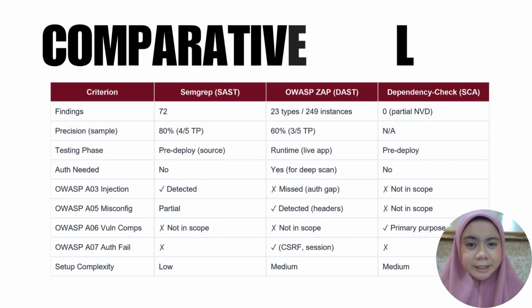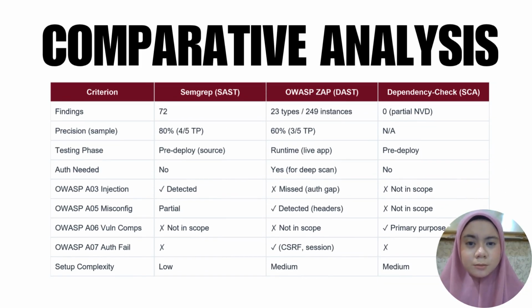For comparative analysis, this table compares three tools directly. Semgrep produced 72 findings with 80% sample precision, tested the source code before deployment, and required no authentication.